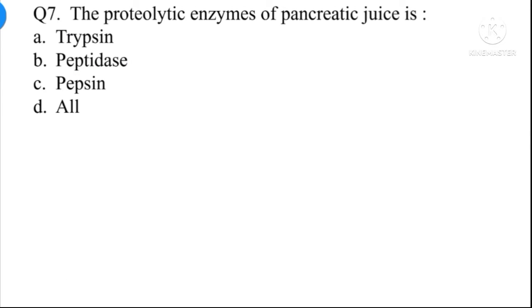Next question is, the proteolytic enzymes of pancreatic juice is. Options given are option A trypsin, option B peptidase, option C pepsin, option D all. So the proteolytic enzymes found in pancreatic juice are trypsin and chymotrypsin. So here the answer will be option A trypsin.